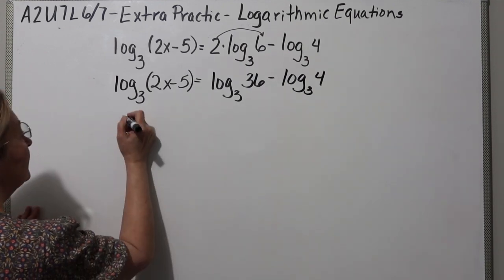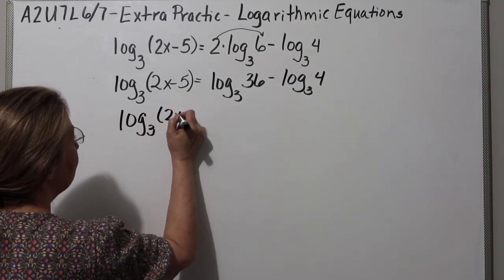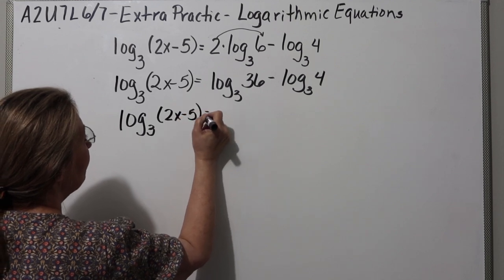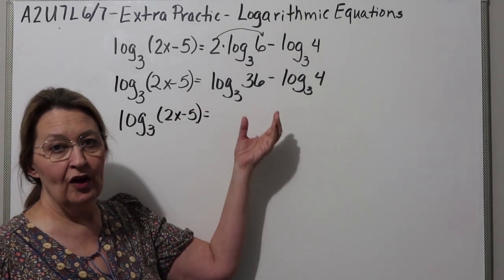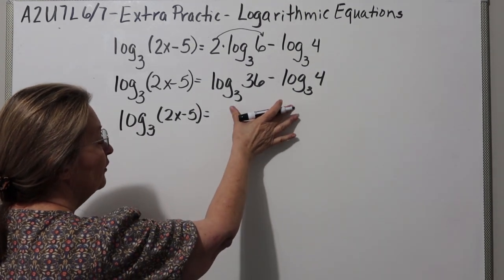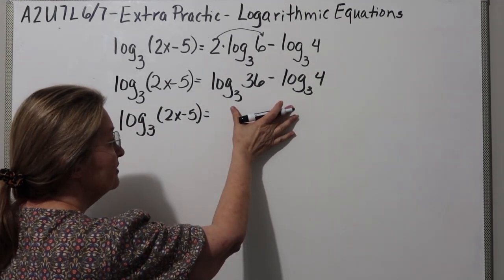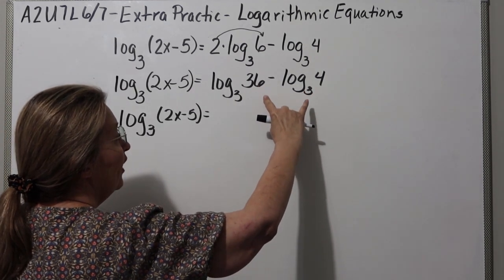Once again, the left is as condensed as it can get. But on the right side, now I have a difference, and I can use my quotient property to combine this. Remember, if your logs match as far as bases go, and you have a subtraction sign, you can make this into a fraction.